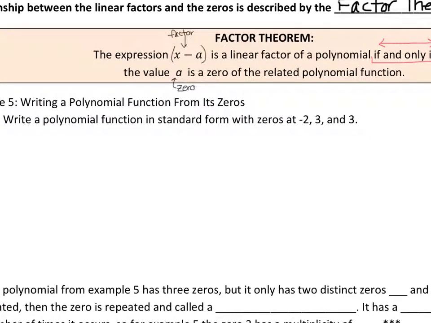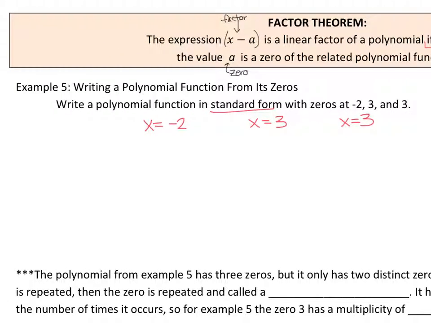So let's use it to go backwards. We're starting with zeros. We have -2, 3, and 3, and it wants us to write a function in standard form. So we know that x equals -2, x equals 3, and x equals 3, all when y is 0. So we can use that to write our function f of x, and each of those will give us a factor.